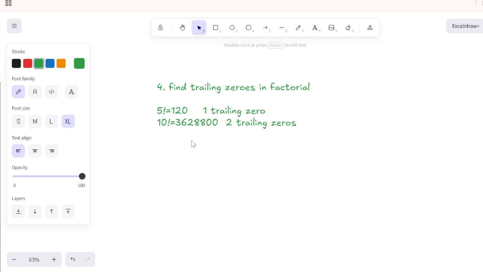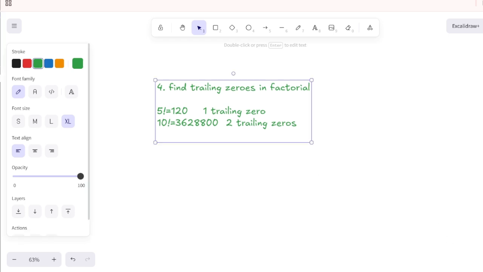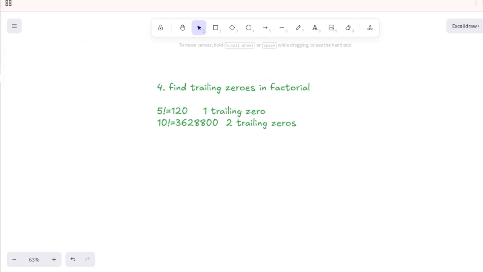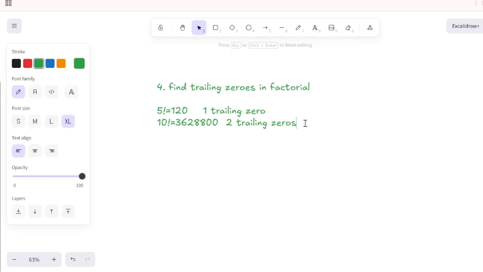So we're coming to the logic. Firstly, you need to initialize the count to 0 and next divide the number by 5. Why we are dividing the number by 5, I will be explaining in the coding part. So divide the number by 5, add the quotient to the count variable.